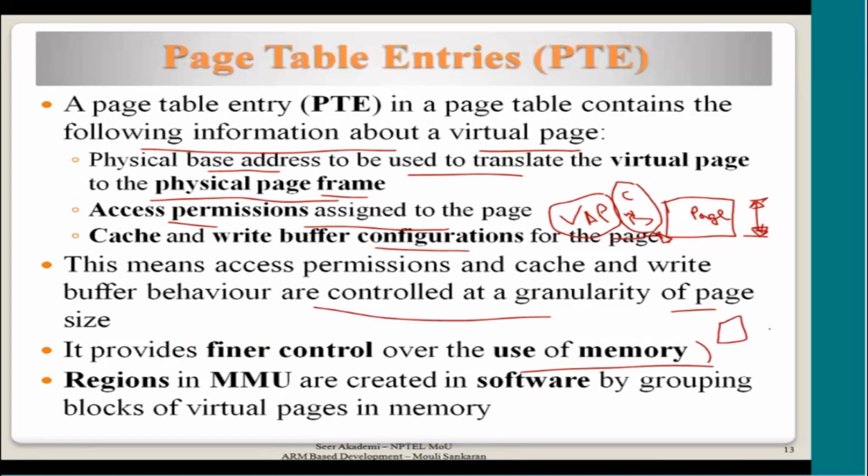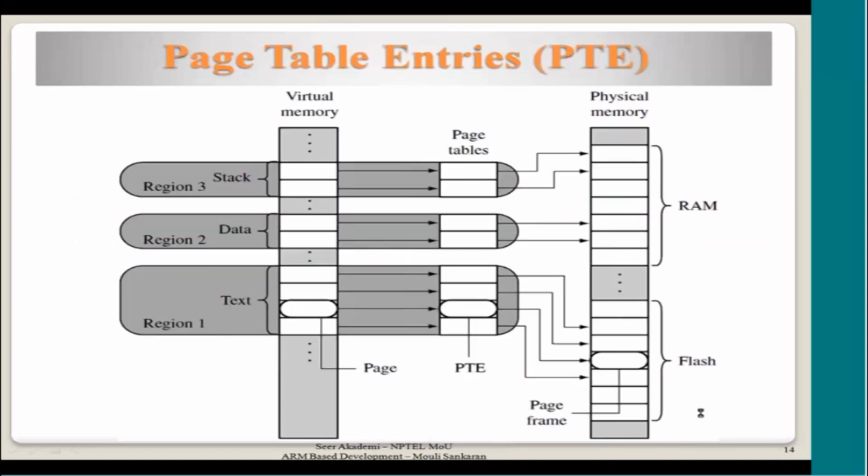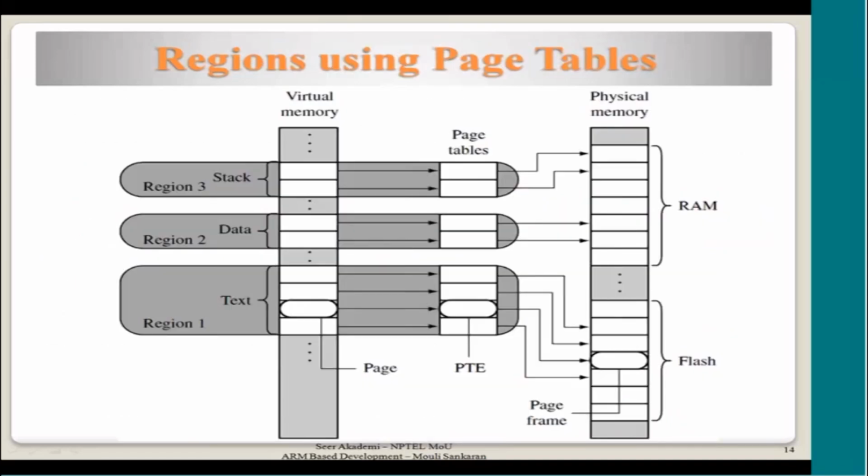Regions in the MMU are created in software by grouping blocks of virtual pages in memory. So a region can be a group of pages. We can have different access permissions at the page table entry. Now you see a region is like this, and we have regions 1, 2, and 3, and individual regions have different pages.